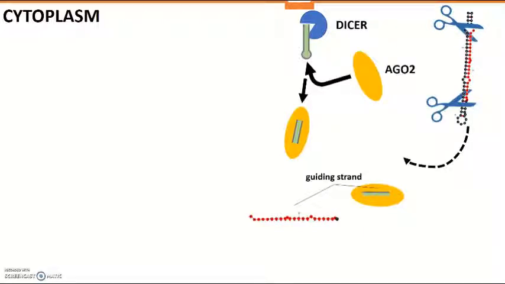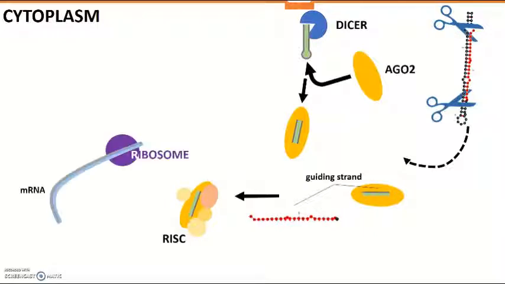The passenger strand is dissociated while the guiding strand will remain in the AGO2 molecule. AGO2 will then bind to other proteins to form the RNA-induced silencing complex. This complex can now bind to a messenger RNA fragment of interest in order to prevent gene expression and proteins from being formed.